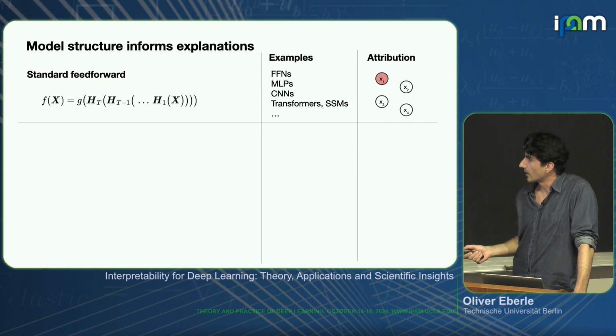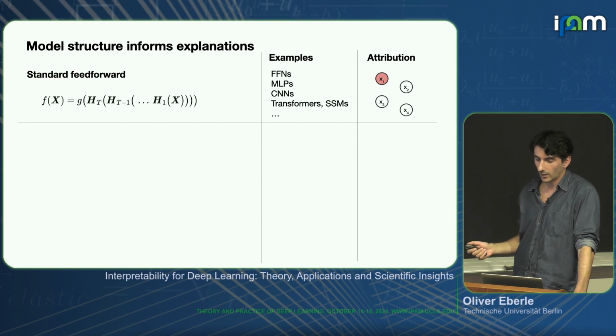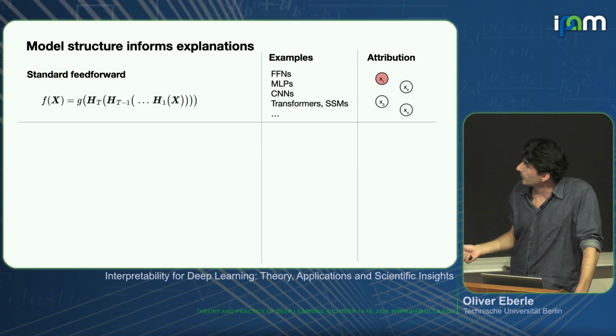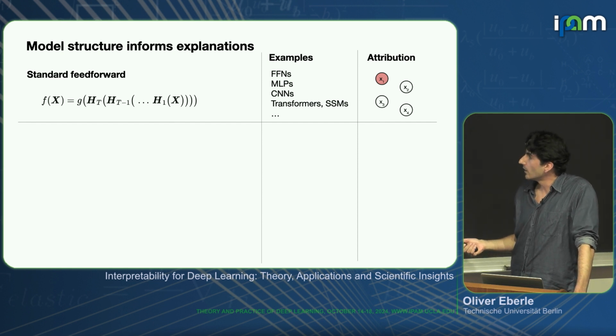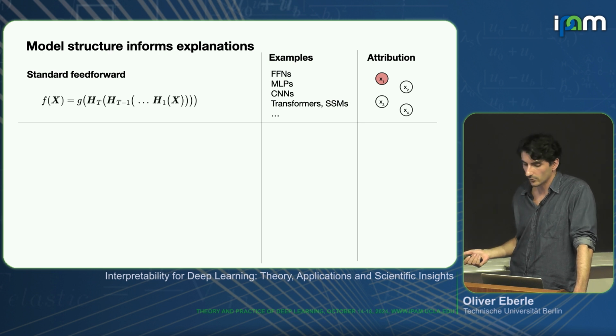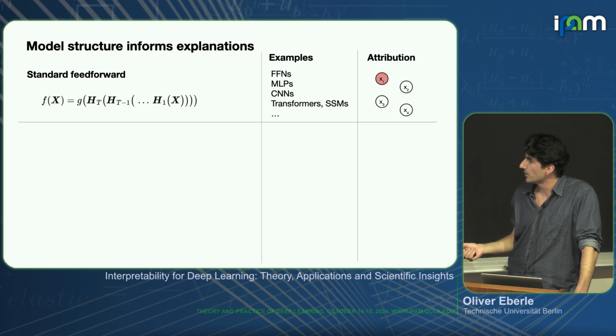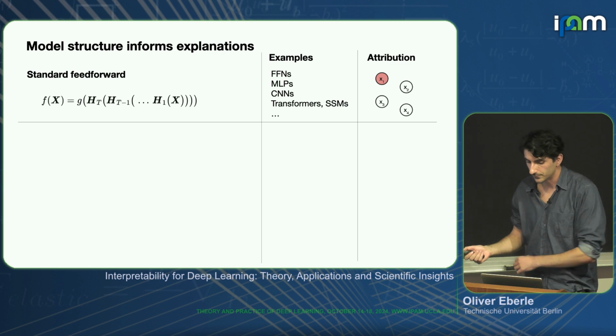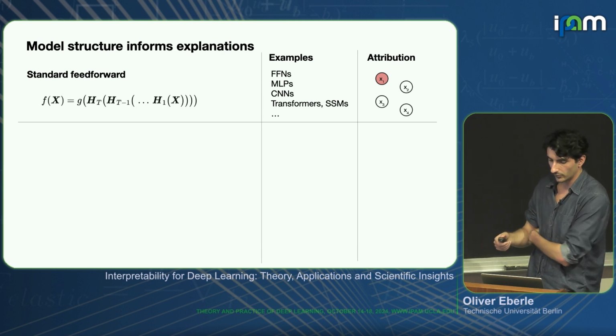So this is the case that we observed so far: you have a succession of layers, H_T, so instead of L, it's T here for the layer, that encodes your input X in an iterative way, and you then have some final readout function G that gives you some prediction score. So this is exactly the setup that we just considered.